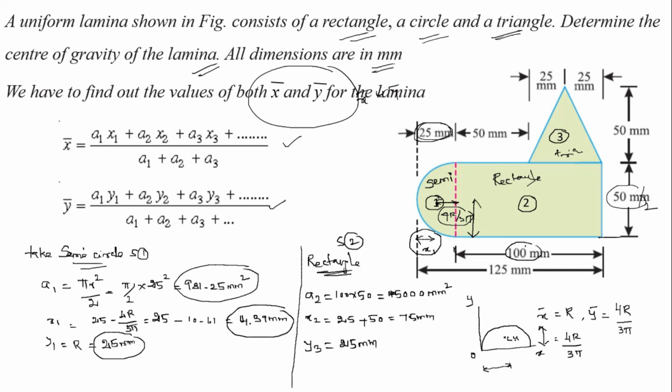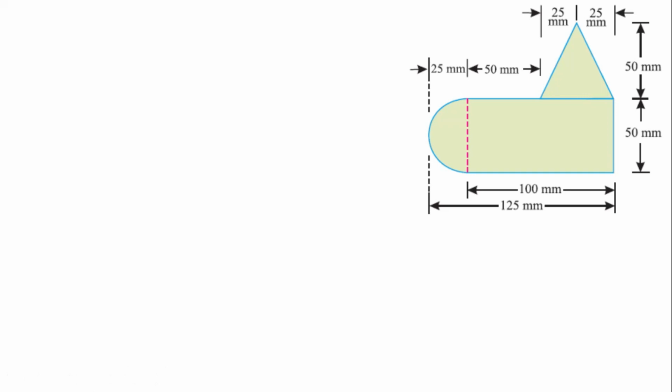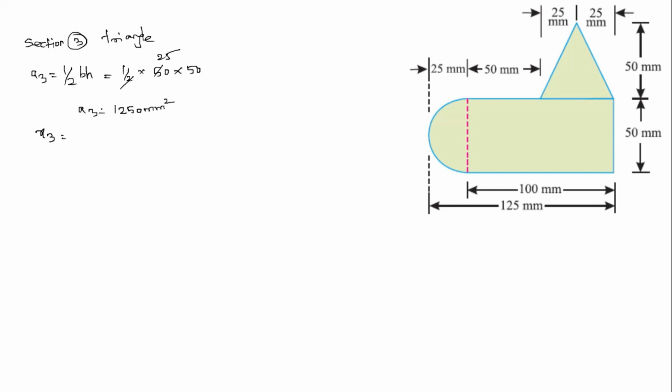We need to calculate the area, which is half B H. Half into B, which is 50, into height 50, so 25 into 50. So A3 is equal to 1250 mm squared.